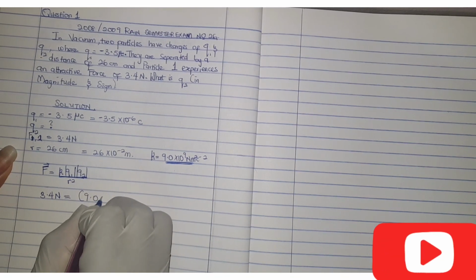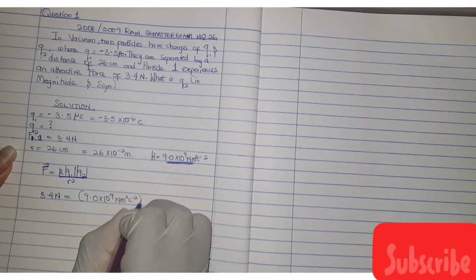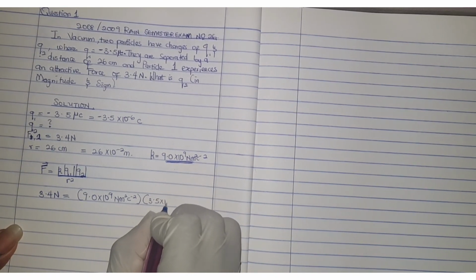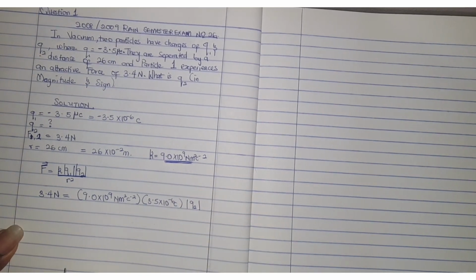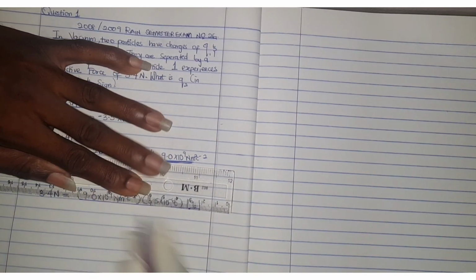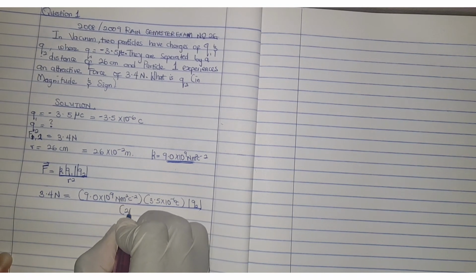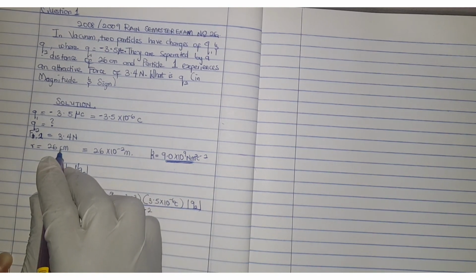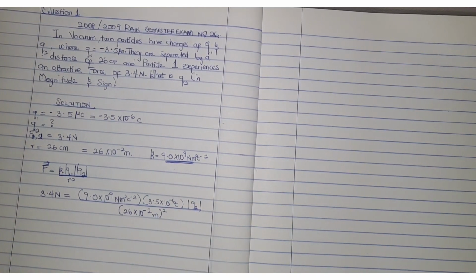So I'm going to write 9.0 times 10 raised to power 9 Newton meter square per coulomb square, times 3.5 times 10 raised to power minus 6 coulomb, and the magnitude of Q2, which I'm about to find, over the distance between Q1 and Q2, given as 26 centimeter, 26 times 10 raised to power minus 2. Please remember to always put your square on top of the distance.